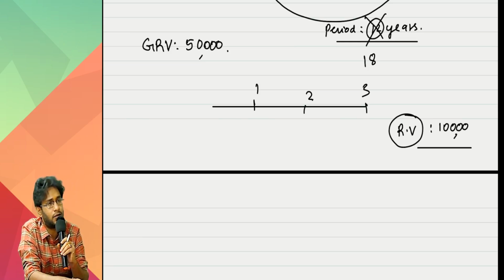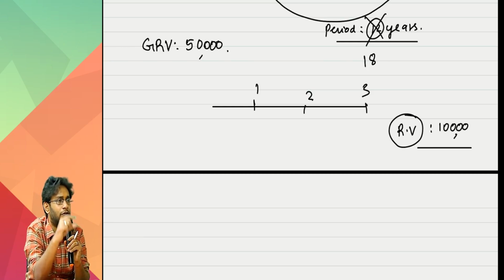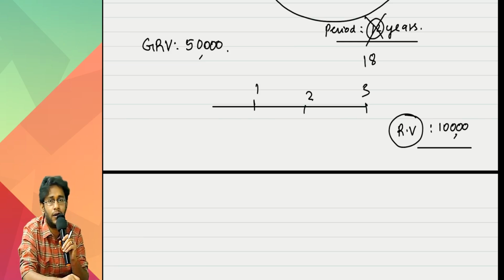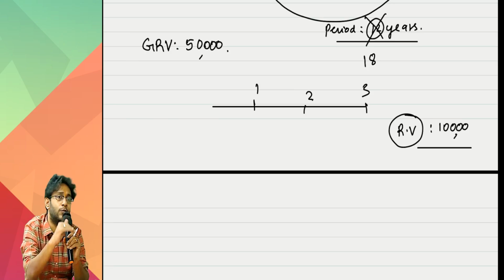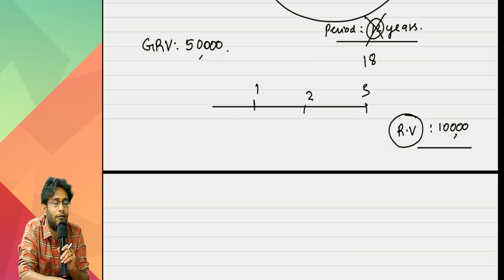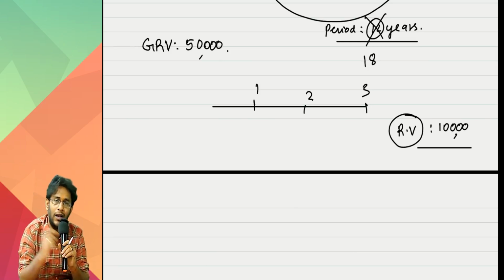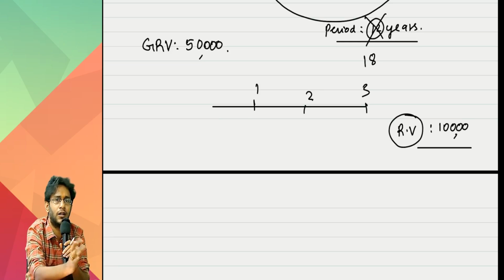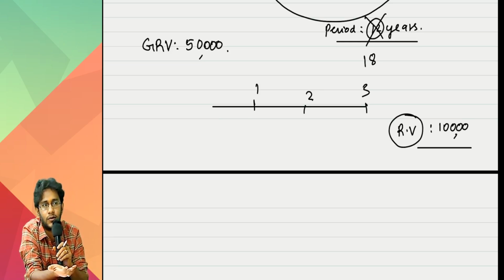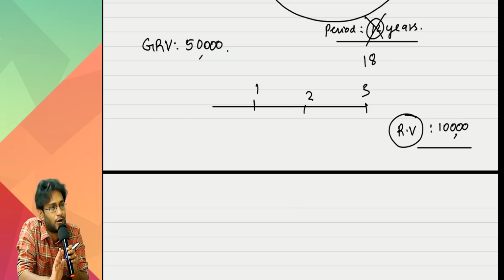Then the lessee asks, what if it is below 50,000? Whatever the gap below 50,000, the lessee has to pay the lessor. The lessee says, fair enough. What if the asset value is more than 50,000? I promise the asset will be worth 50,000, and I'll give it back in fantastic condition at the end of the 3rd year. If the asset value is 80,000, will you pay me that 30,000? Is it a fair ask or not?